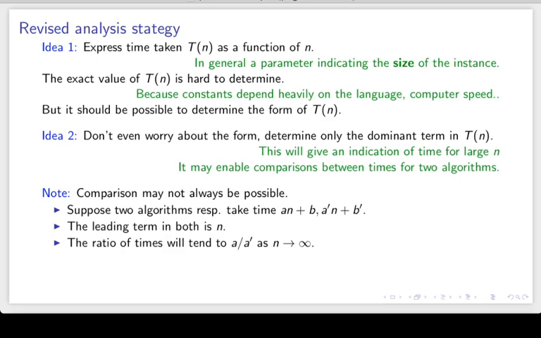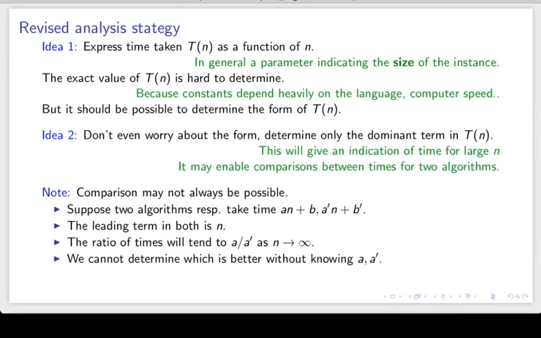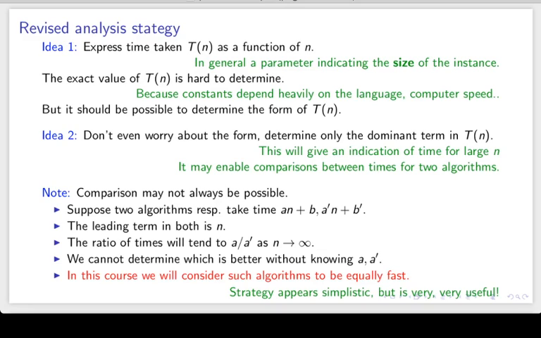But otherwise, if the ratio is tending to 0, if the leading terms are different, then we will be able to predict without running anything. And our predictions will work for any language, any computer, of course for large n. So in this course, we'll consider such algorithms to be equally fast. You may think that this is a simplistic strategy, but it turns out to be extremely useful, as you'll figure out as we go through the course.